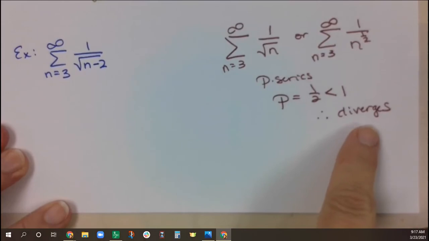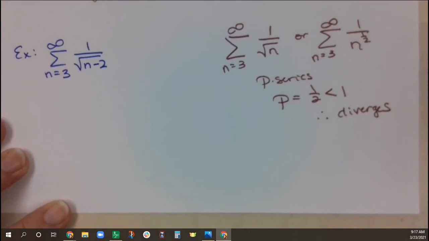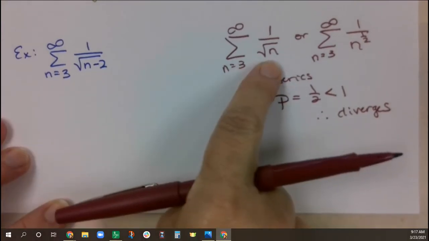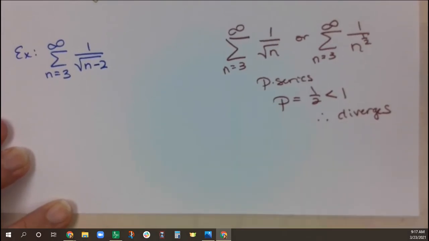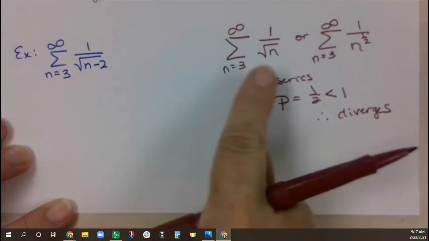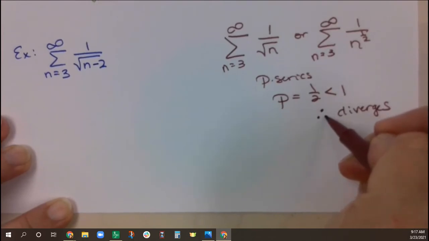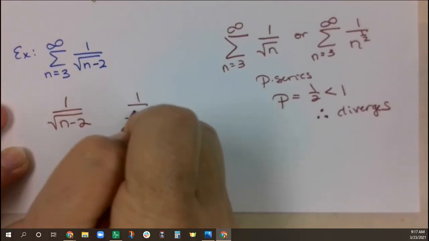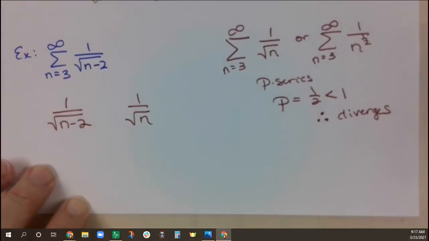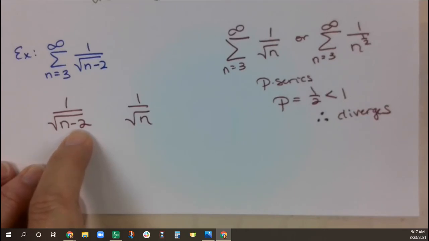And so now that I've established that this diverges, I want to compare the terms of the two series and see if this series is greater than or less than this one. Now remember, if my known series is diverging, I hope that my series of interest is greater than this one, because if it's greater, then I know it also diverges. So let's compare 1 over square root of n minus 2 and 1 over square root of n. The series of interest has a smaller denominator because I'm subtracting 2.